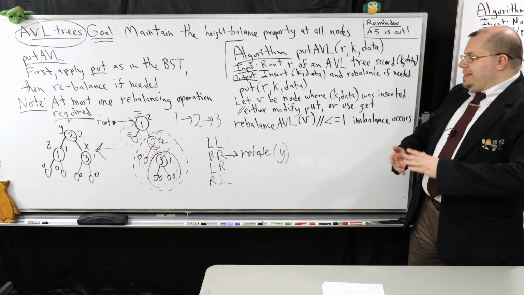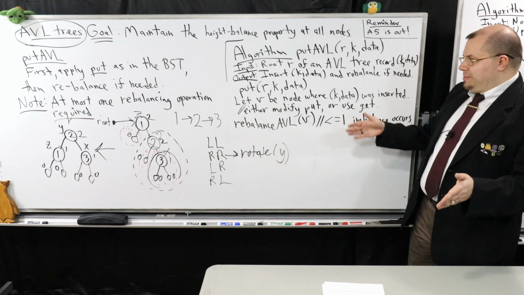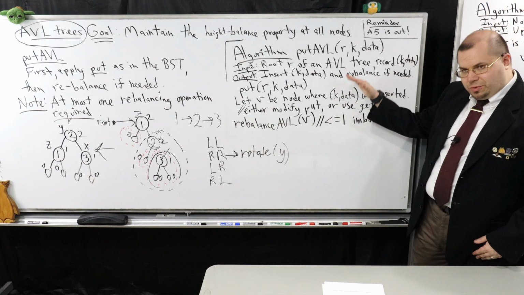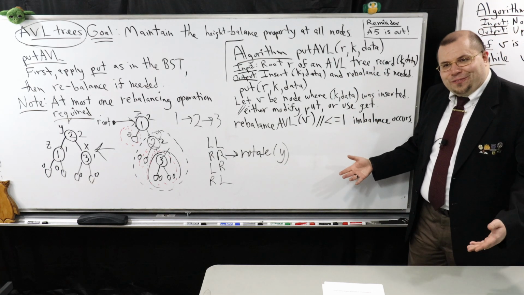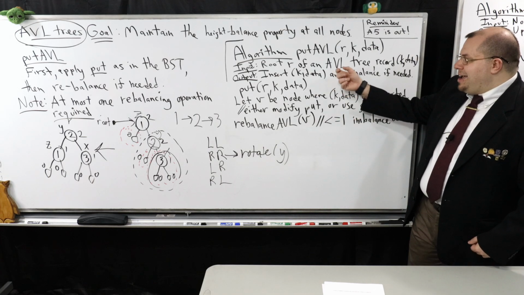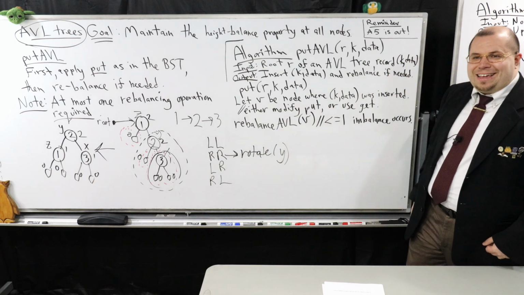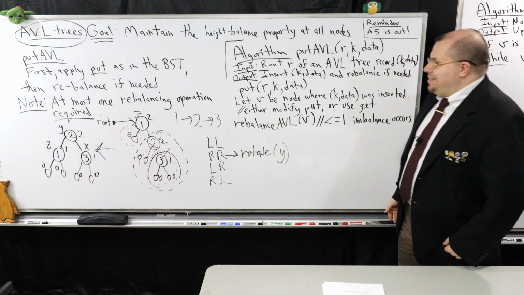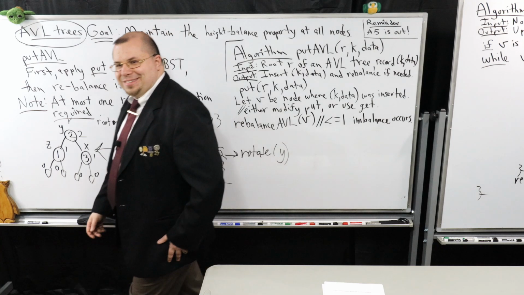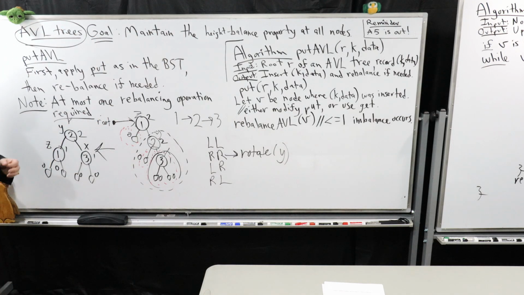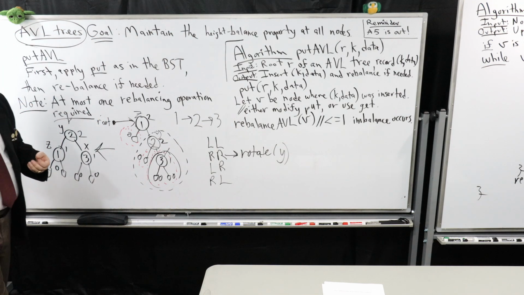You'll notice very quickly that this algorithm looks really short. That's typical for these AVL tree operations. I've pushed all of the hard work right here. This is the actual fun of this. RebalanceAVL is performing our rebalancing operations.